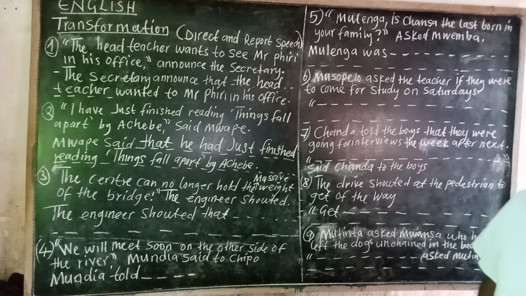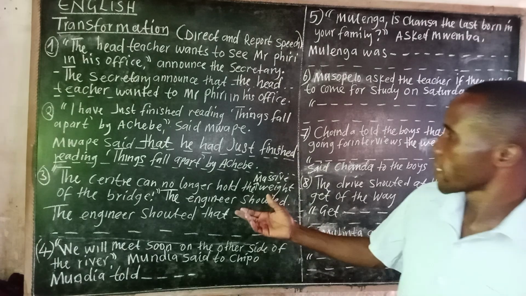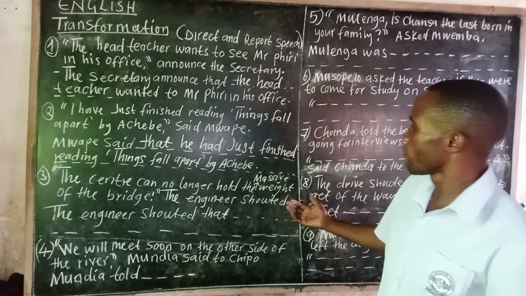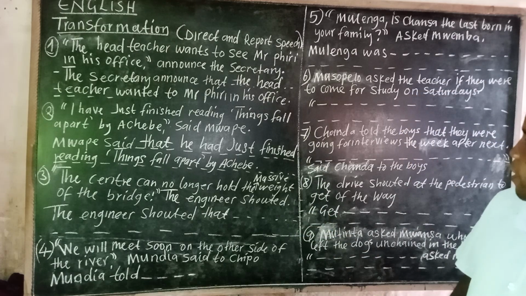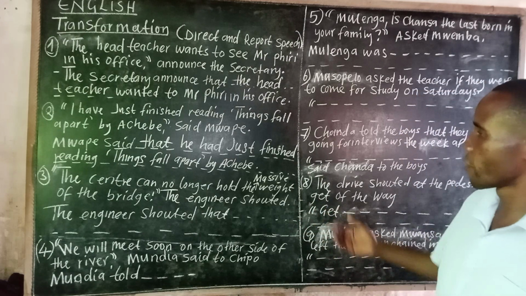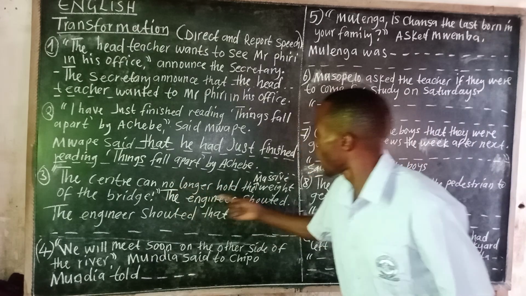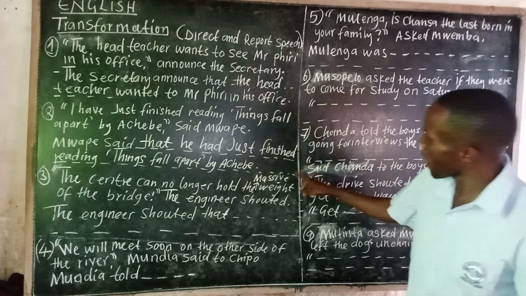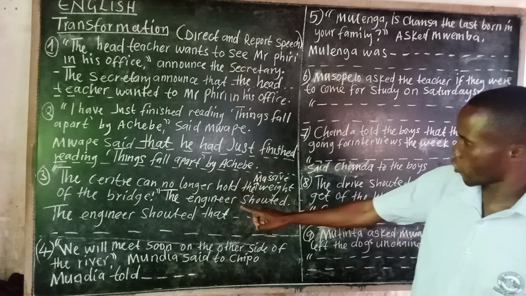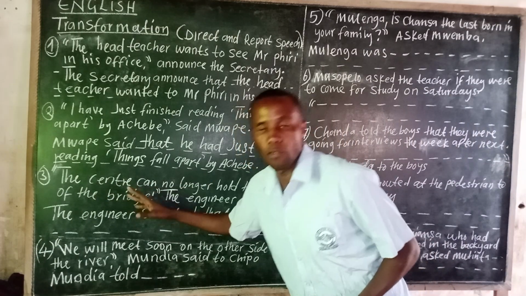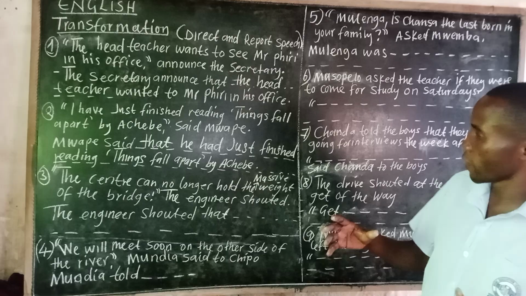Then we go to question number 3. "The center can no longer hold the massive weight of the bridge," the engineer shouted. The inverted commas are there for direct speech.